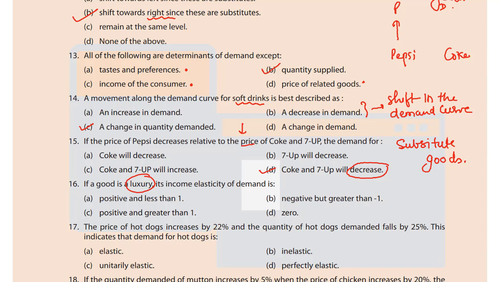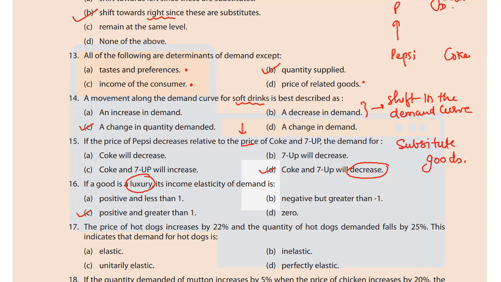So, if a good is luxury, the income elasticity of demand is: A, positive and less than 1; B, negative but greater than minus 1; C, positive and greater than 1; and D, income elasticity of demand will be 0. So over here the answer is C, positive and greater than 1.